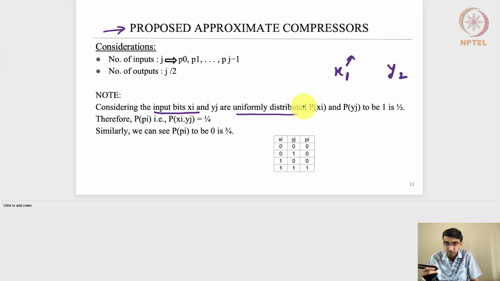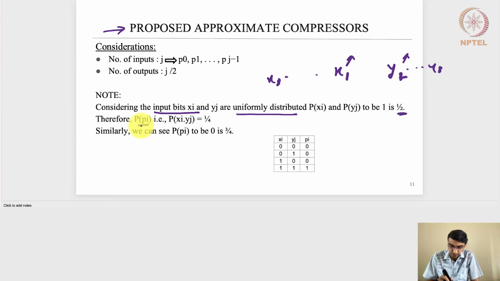If uniformly distributed, the probability of x1 being 1 is 0.5 and the probability of y2 being 1 is also 0.5, right? If all these bits, x1 to x8 and similarly y1 to y8, are independent of each other and uniformly distributed, then each of these bits has a probability of being 1 of one half.